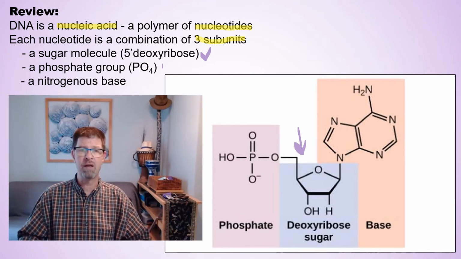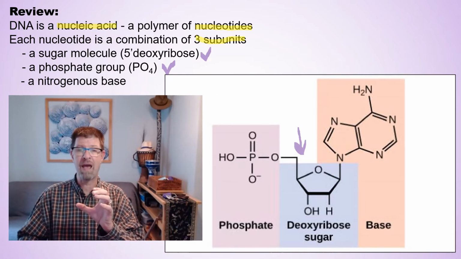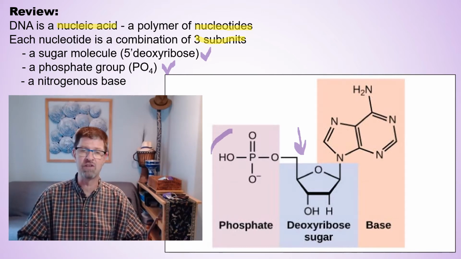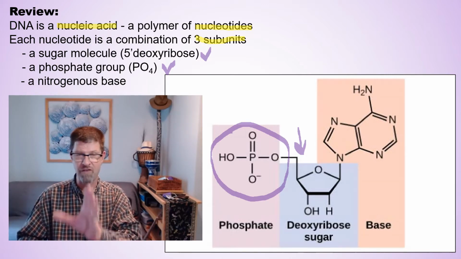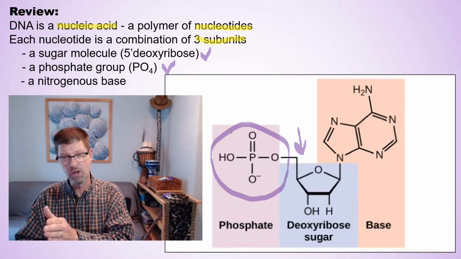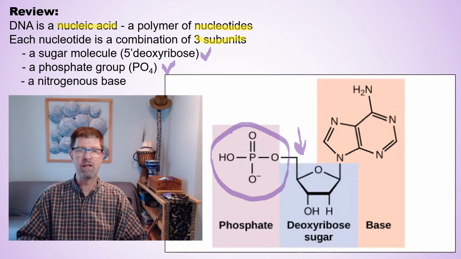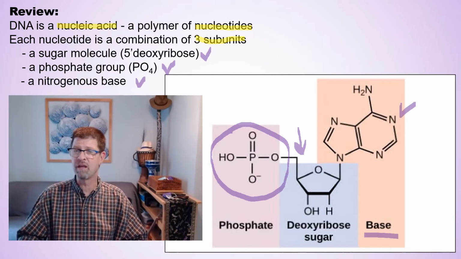The next part is a phosphate group, which is a phosphorus atom surrounded by oxygen and sometimes a hydrogen. But the ATE on the end of that refers to the oxygen. So that's a phosphate group. So it's a sugar, a phosphate group, and then the third part is the nitrogenous base. Nitrogenous is just a word that means that it contains nitrogen, okay?